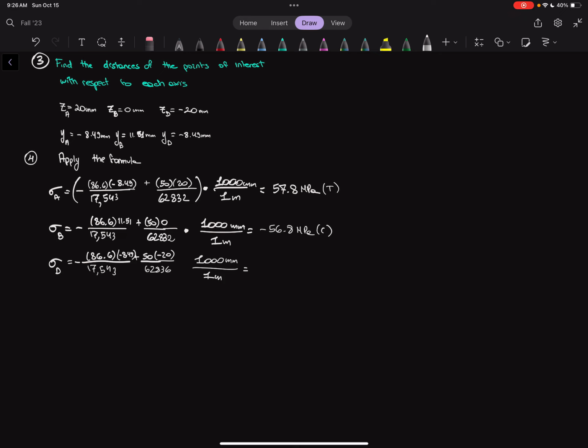The last one is going to be what? Well, we're going to have minus 8.49 there, but a minus 20 here. So that's going to be 26.0 megapascals in tension.